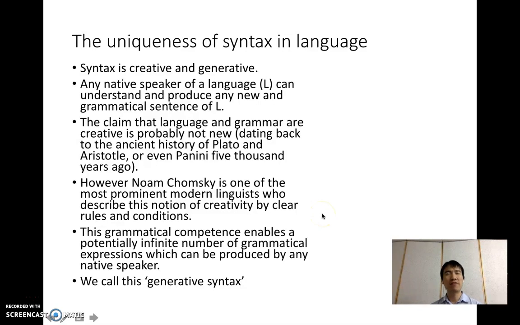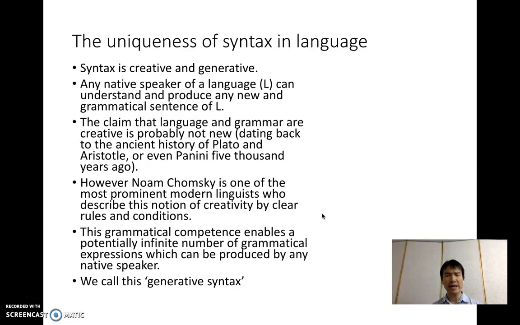Okay, remember in phonology we discussed phonological rules, and in syntax there are also syntactic rules. Noam Chomsky is probably the first person who described language creativity by the use of syntax rules and syntax conditions.